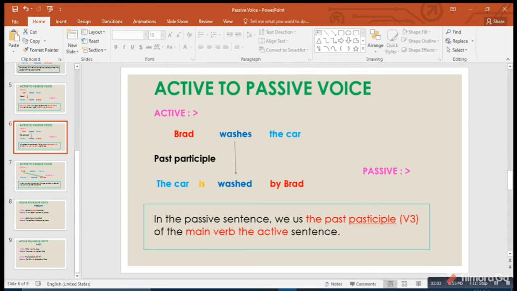Don't forget to change washes to the third verb, because all passive sentences use the third verb, the past participle, verb three.